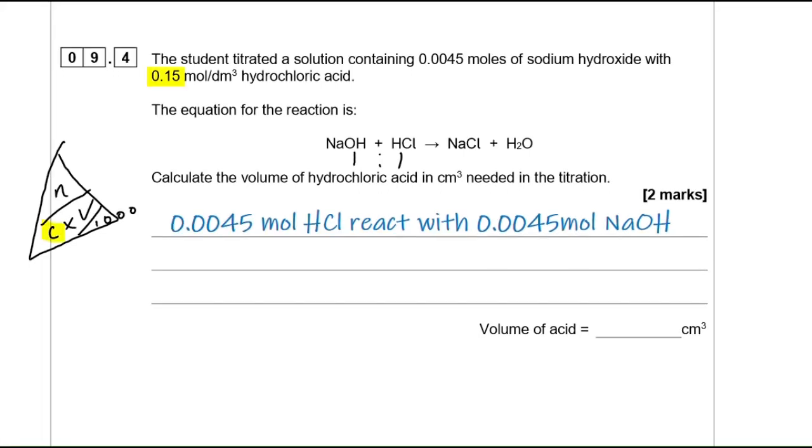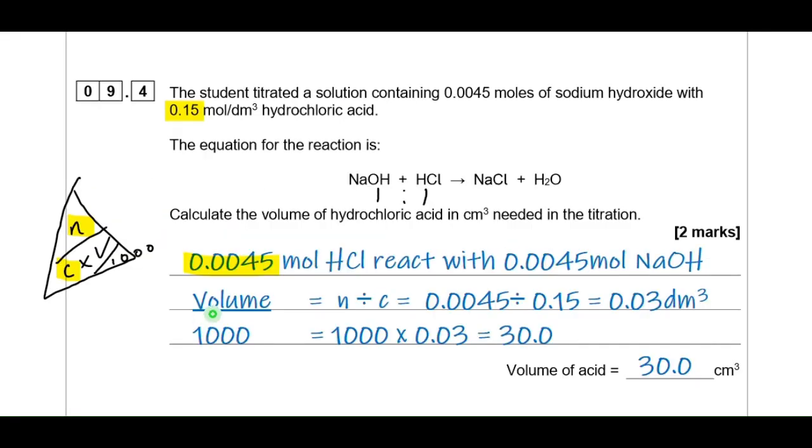So as we sub into our equation, the concentration here in yellow, 0.15, number of moles 0.0045. So we can write the expression volume equals N divided by C, the number of moles divided by the concentration. So that equates to 0.0045 divided by 0.15.